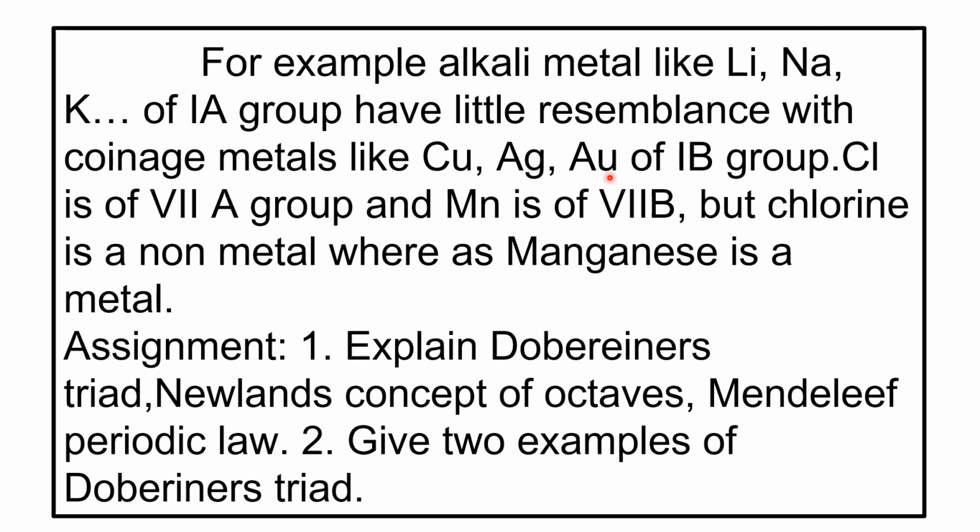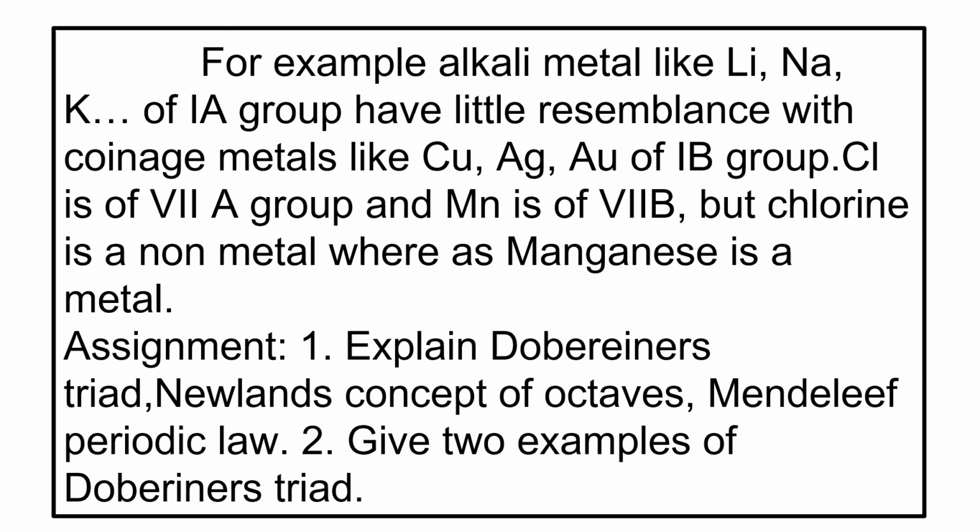But when the seventh group elements were taken, chlorine is of group 7A and manganese is of group 7B. Here chlorine is a non-metal whereas manganese is a metal, which is totally dissimilar in properties.